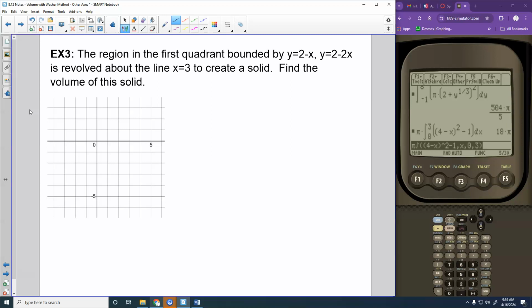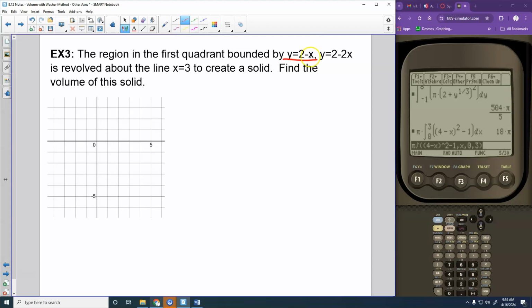And I don't know why I put this graph like I did. Because it's in the first quadrant. Let's just see what it looks like. Yeah, it's like you need to be in the second quadrant, but I think that I just made a silly graph there.